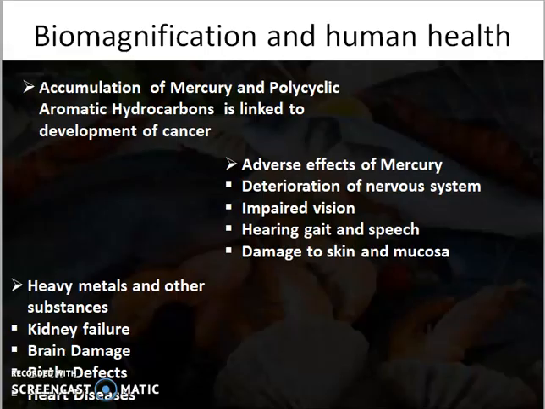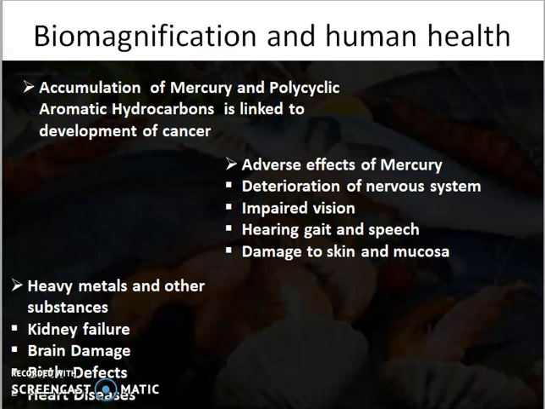We will discuss the adverse effects of biomagnification on human health. It has been found that in recent years the consumption of seafood has been linked to certain types of human health problems. This is a result of the accumulation of mercury and polycyclic aromatic hydrocarbons in the tissues of marine organisms.